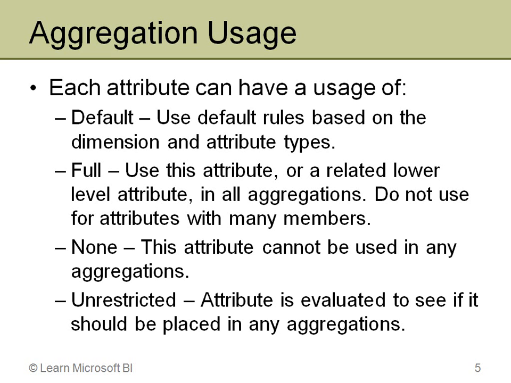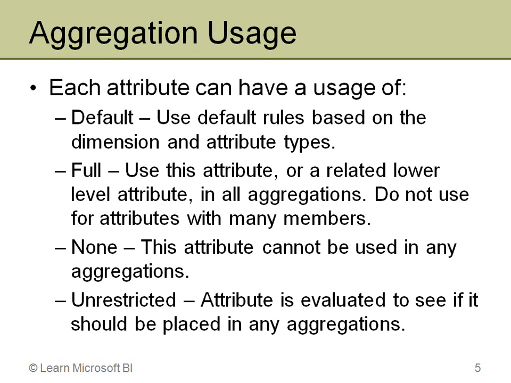And basically there are again a couple of rules in addition to that. I won't go into it, but default, like I said, is fairly conservative, so you can fine-tune this a little bit. One is you can say full and say that this particular dimension or attribute has to be in every aggregation.